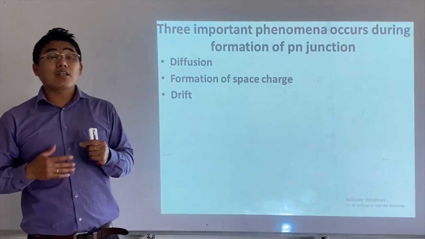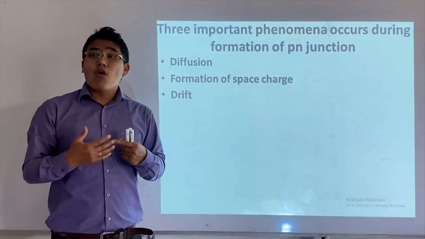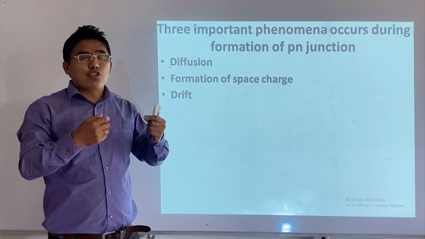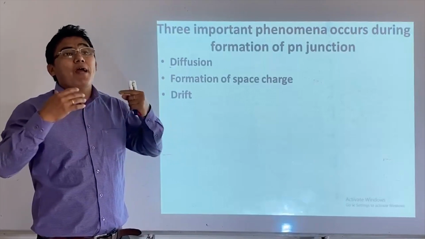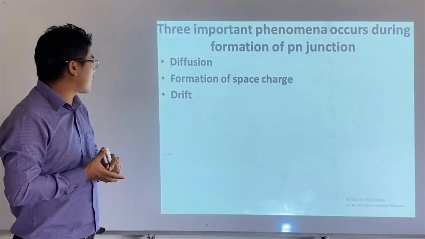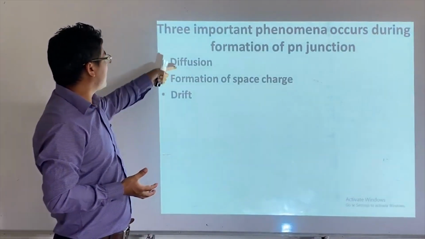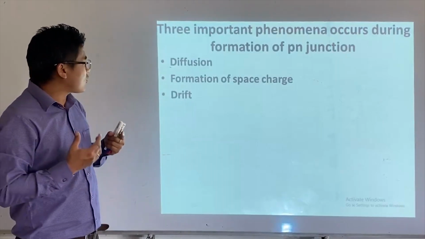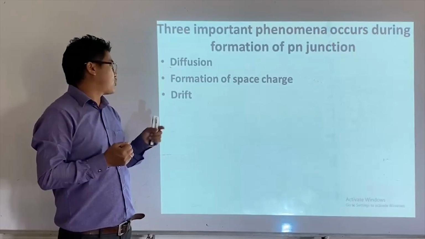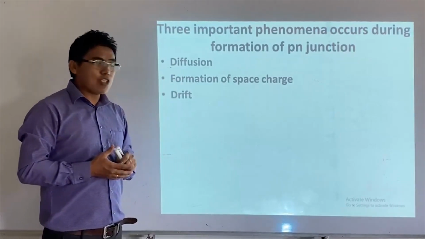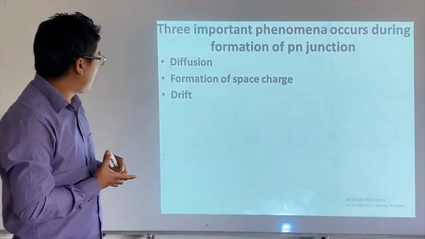Drift is a flow caused by an external push, an external force, or an external field. Diffusion is a natural process, and drift is the process that occurs because of an applied force. And because of these, the formation of the charge region takes place.